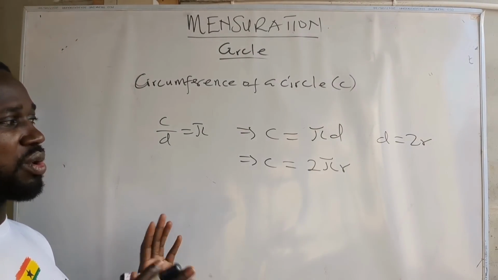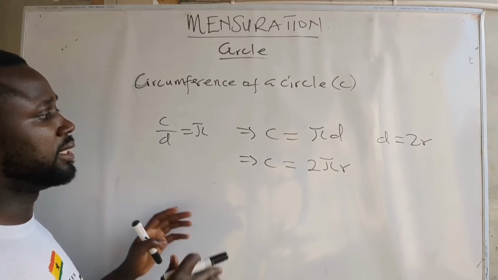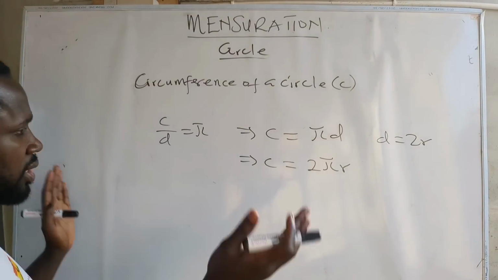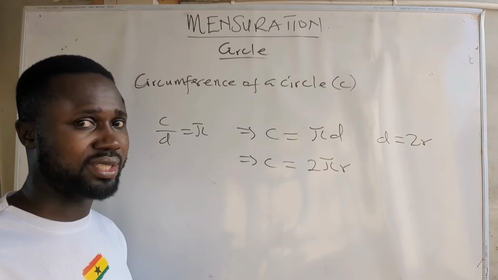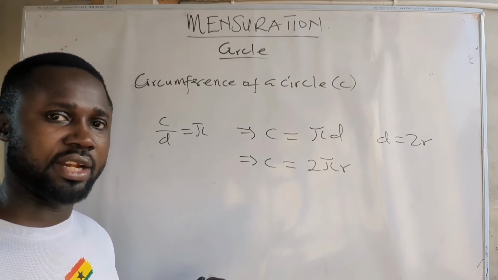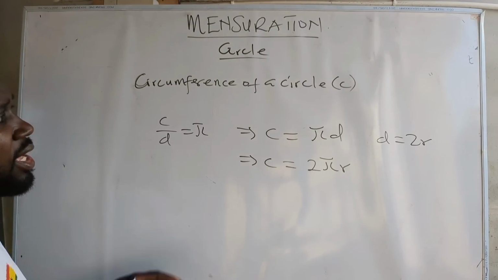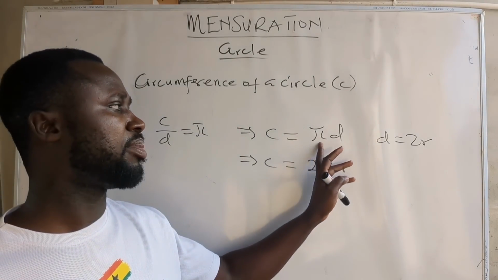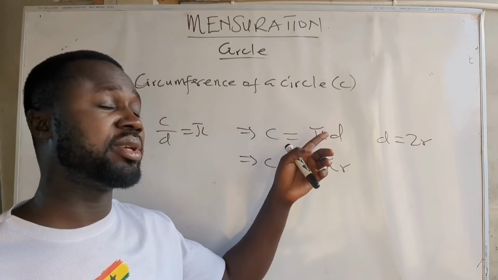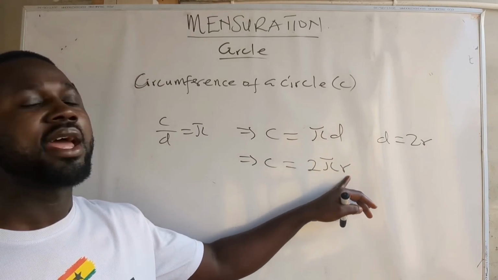As I said, I'm not going to work any examples today. I'm just going to give you the whole concept of mensuration on the circle, then you go and take your various textbooks and solve questions. So that's the formula for finding the circumference of a circle. Use pi d if you are given a diameter. If you are given a radius, then use 2 pi r.